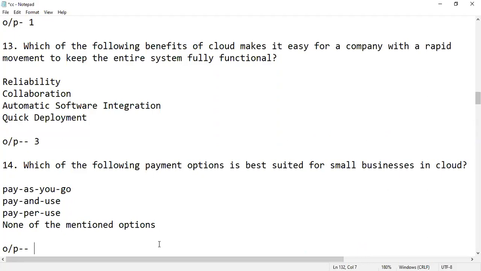Which of the following options is best suited for a small business in the cloud? Okay, the answer for this question will be pay as you go.